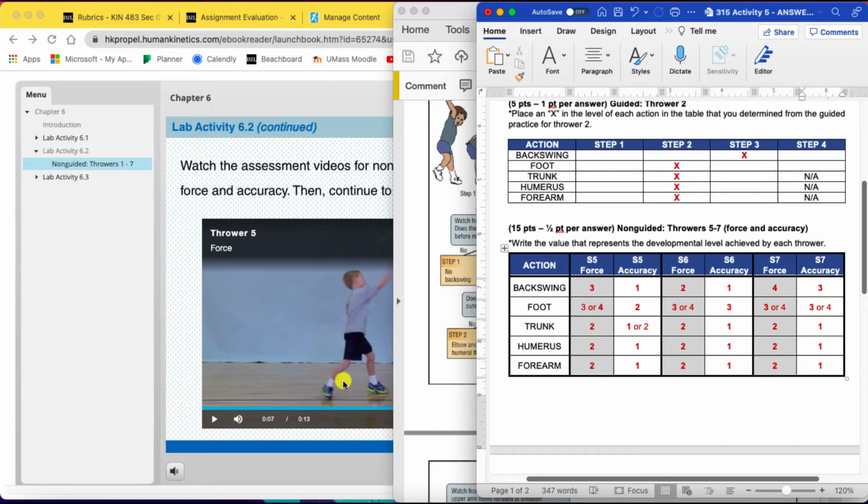They could also have a long step and it could be oblique, but from a side view it looks short. So for the foot actions, if they were a contralateral step and you put a 3 or a 4, you got full credit. So I didn't dock off points if you were off.